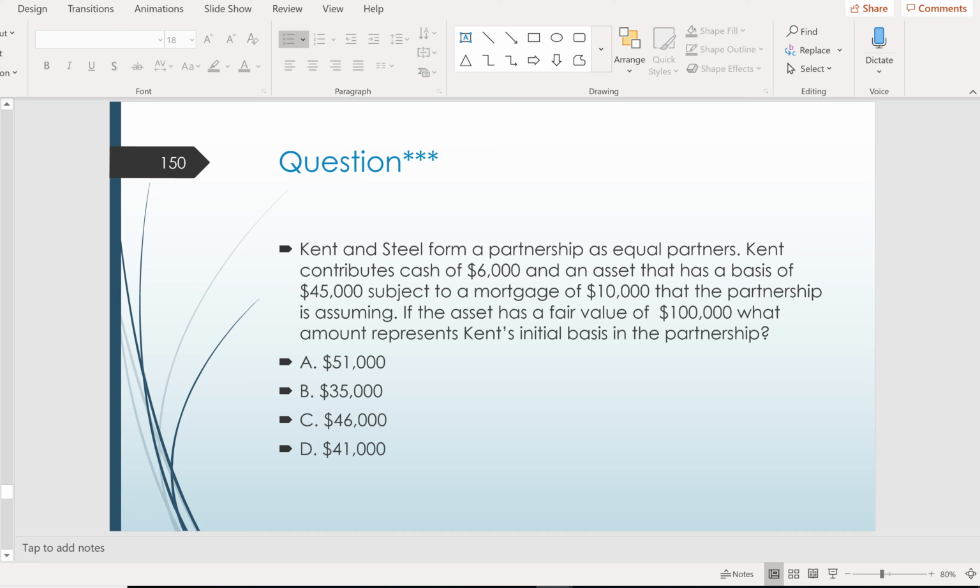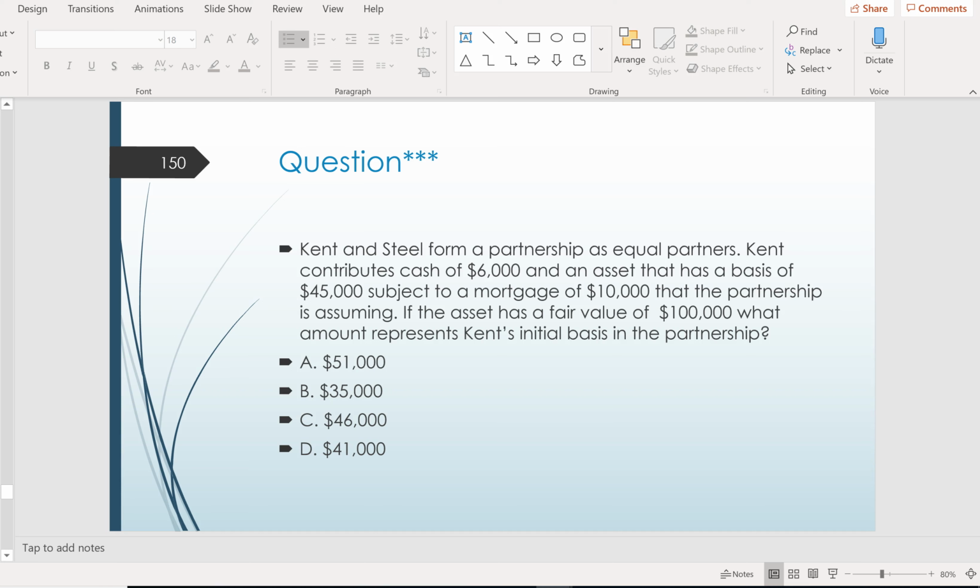This is a typical CPA exam question on partnerships. They want to know how much is the partner's basis. So the first thing I would do is start with the basis of 45,000 on the property, and subtract the entire mortgage of 10,000, bringing it down to 35,000. Then you've got to add back what this particular partner is responsible for, and since Kent is an equal partner, you'll add back half of the mortgage.